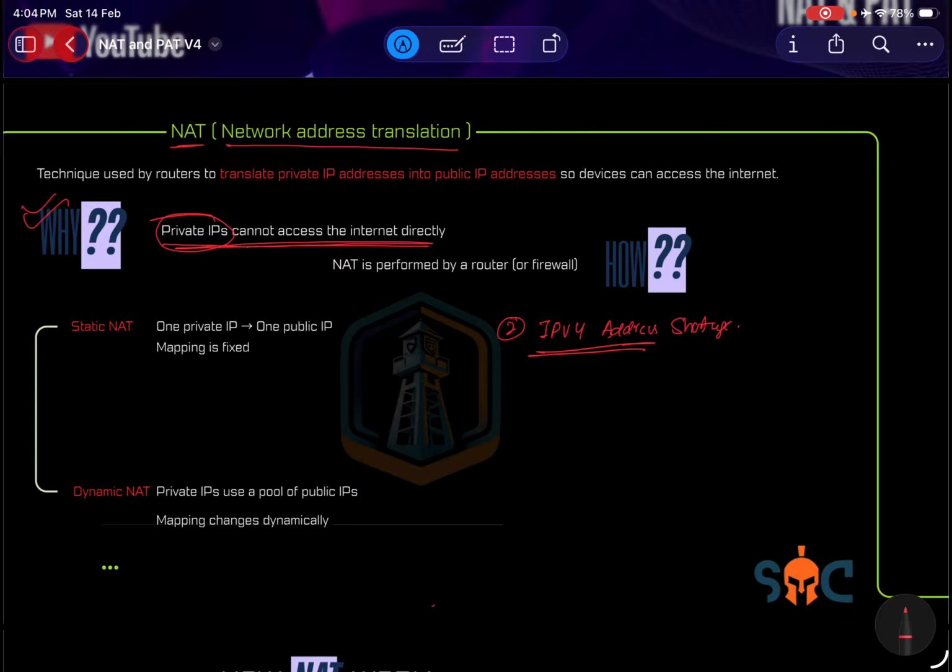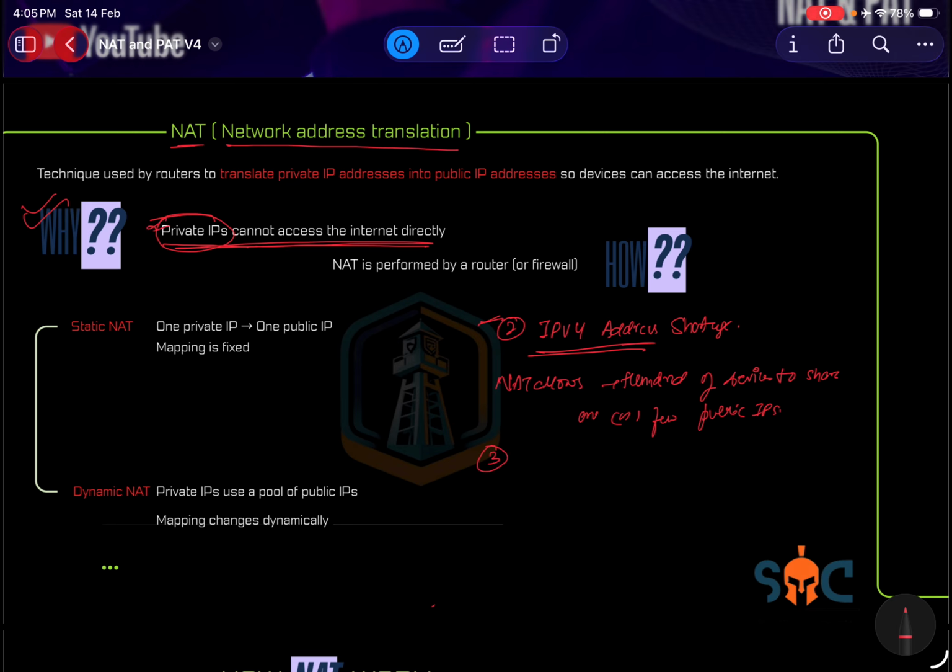There aren't enough public IP addresses for every device in the world. So what NAT does is allow hundreds of devices to share one or a few public IPs. Okay, this is the first reason. This is the second reason.